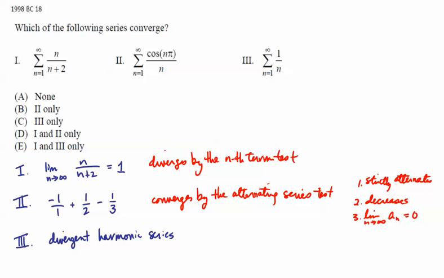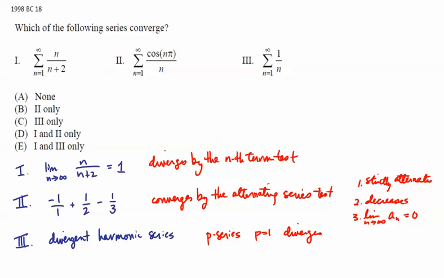You could also look at that as a p series where p is not greater than 1. Recall that to converge a p series must have p greater than 1.